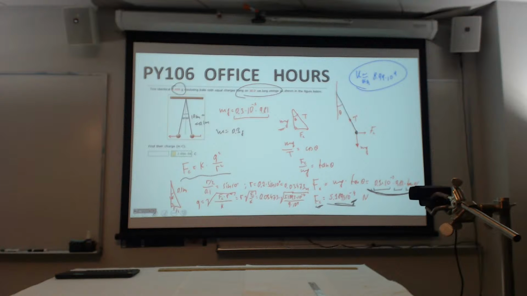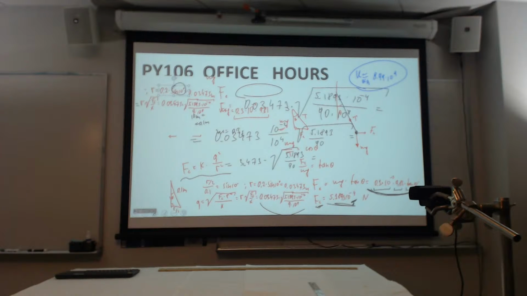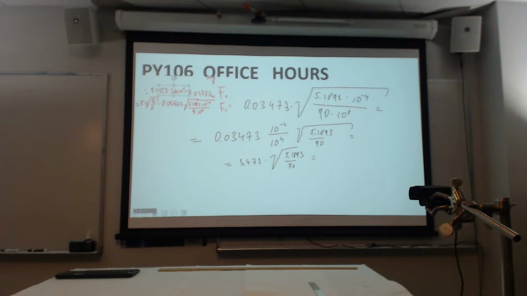And now this one. One more time. Distance, force, constant. Square root, 10 to the 8 gives 4. Square root, negative 2.